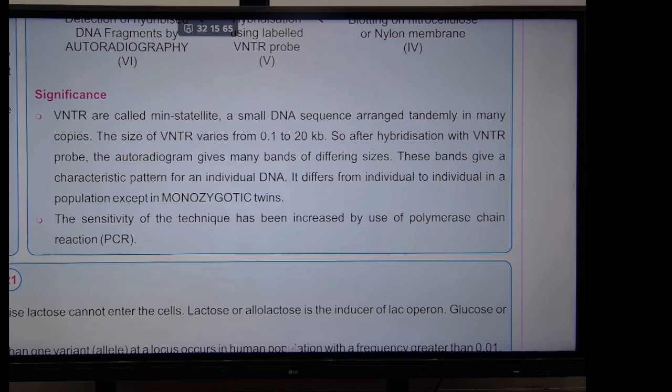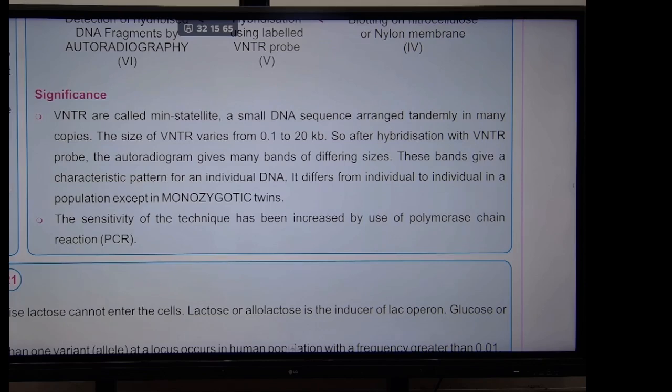We know the fluid from the crime scene. We performed the DNA fingerprinting. When we found the gel pattern on this machine, it's the same. Both of them are showing the same banding pattern, which means they have the same repetitive sequences. Means the person B is the culprit. Understood? Okay, so that is DNA fingerprinting, guys.